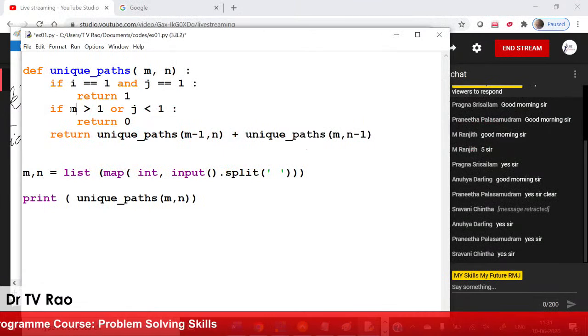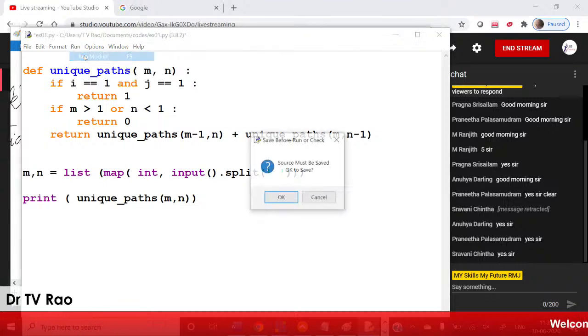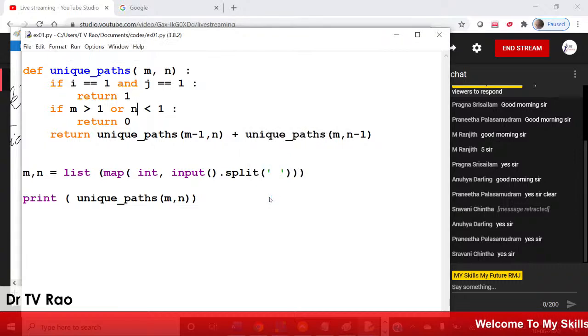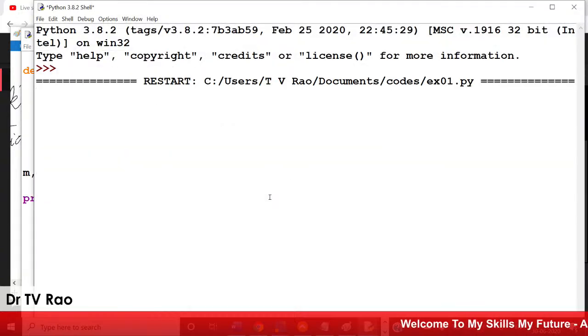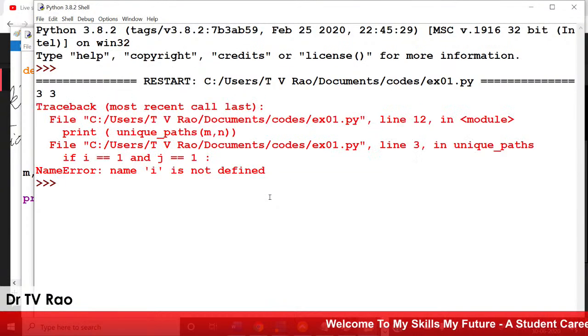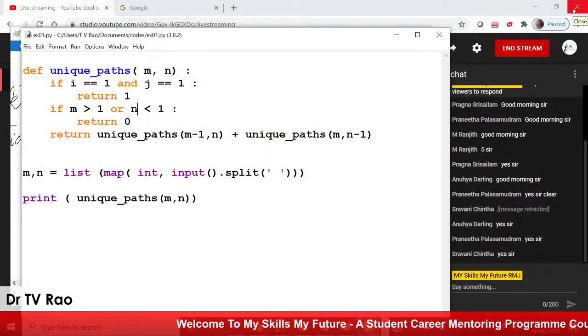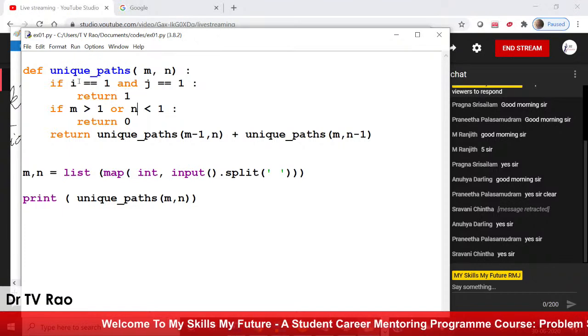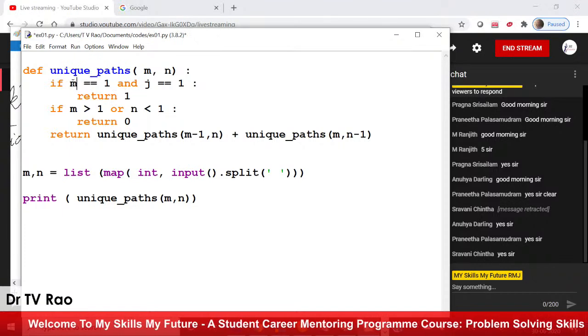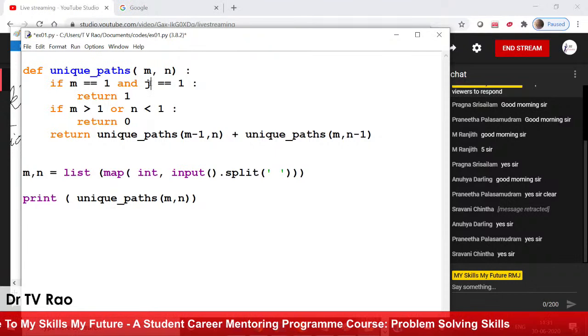This is m and this is also n. Okay. Again, somewhere trace of I is there. This is M and this is N.